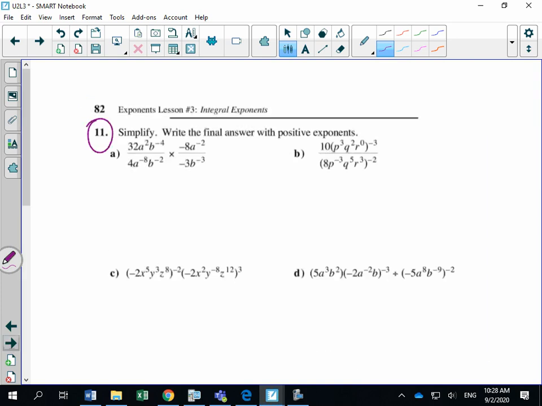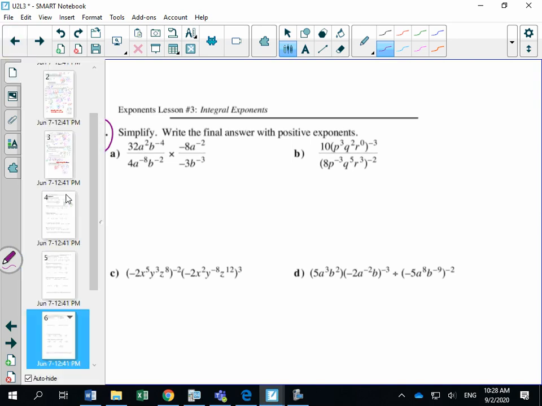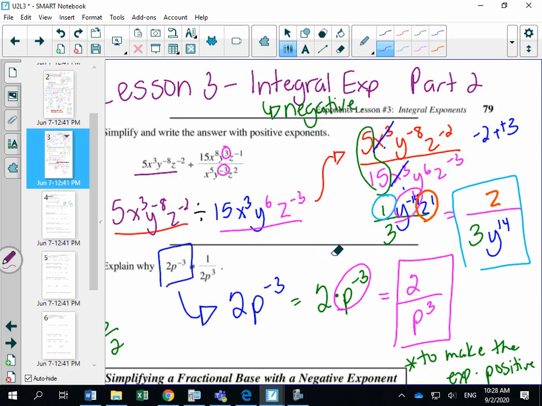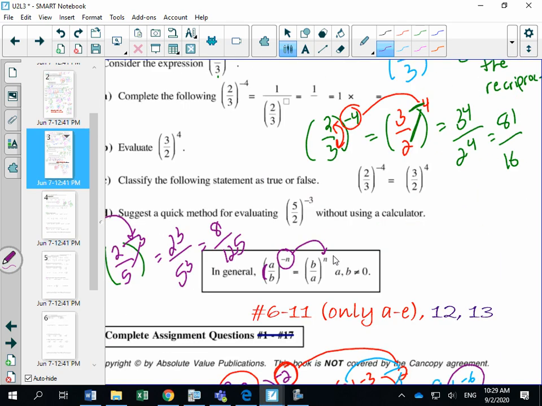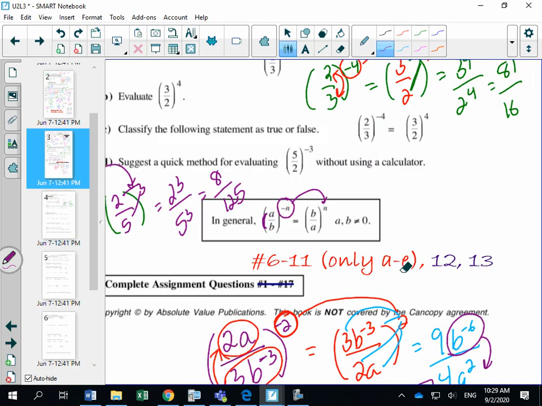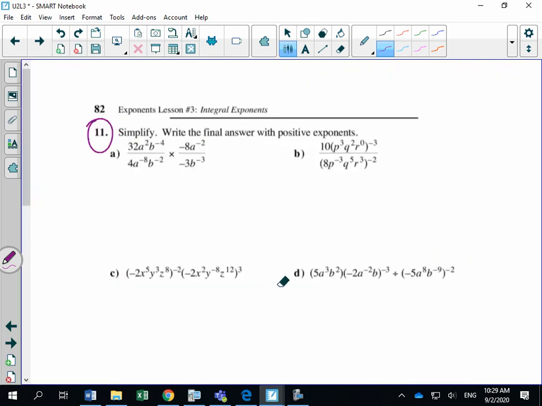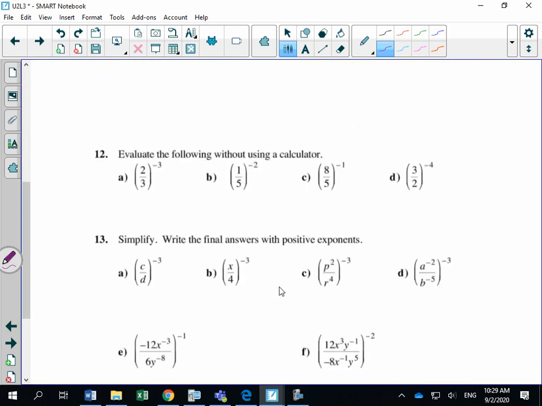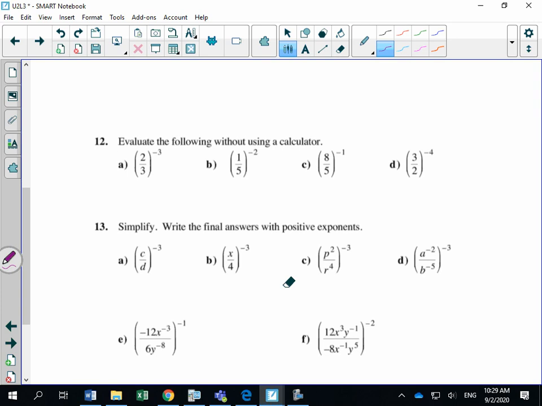And for all of those, I think I said A to D. Let me just double check. So 6 to 11, do A to E. Then let's look at 12 and 13. Okay, negative exponents. Perfect. So 12 and 13 are our negative exponents.